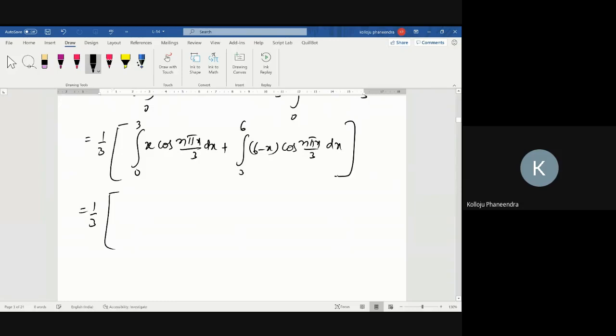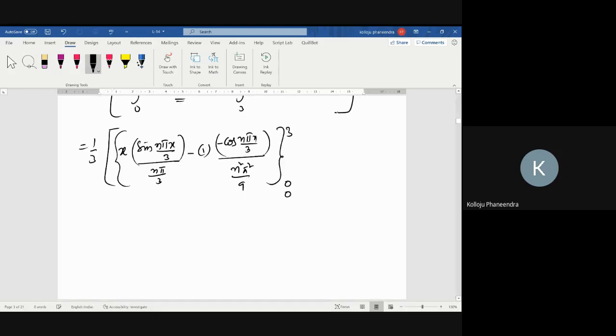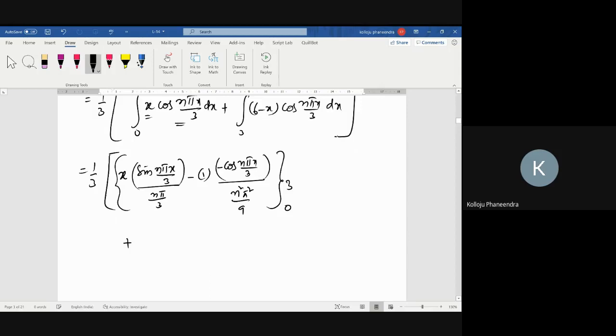Now first one, integration by parts formula, derivative part and integrating part. X as it is, sine integration is, cosine integration is, sine n pi x by 3 by n pi by 3, minus x derivative 1, and again integration, minus cosine n pi x by 3 by n square pi square by 9. This entire between limits 0 to 3. Now coming to the second one, plus, I'm starting with 6 minus x.